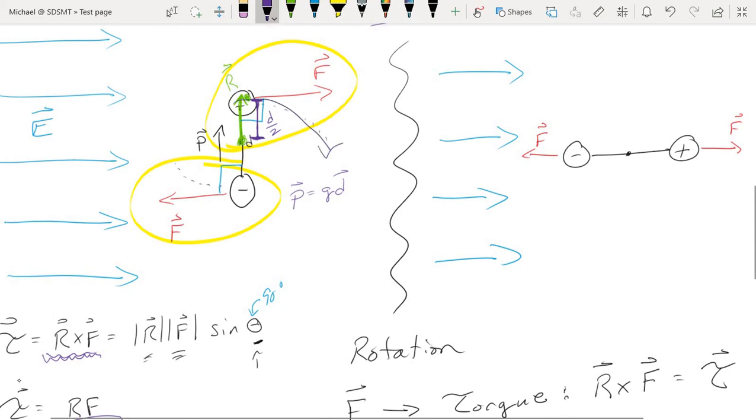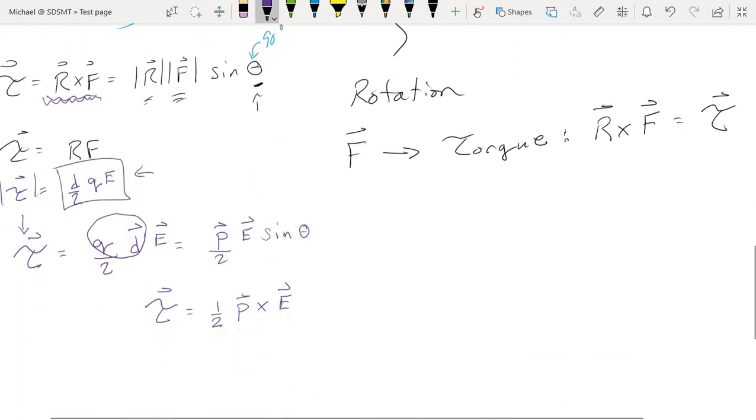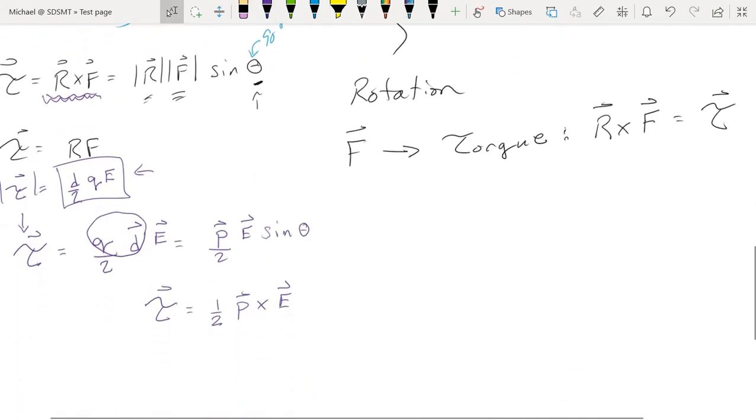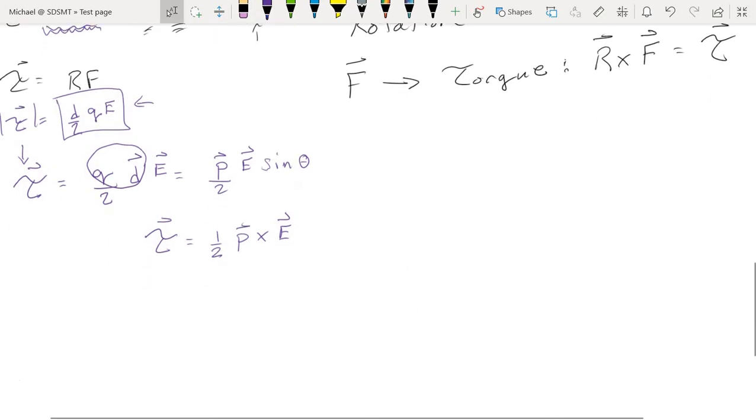Like the top force, the bottom force is going to induce rotation in the same clockwise direction. So we're getting twice as much torque by combining the two.